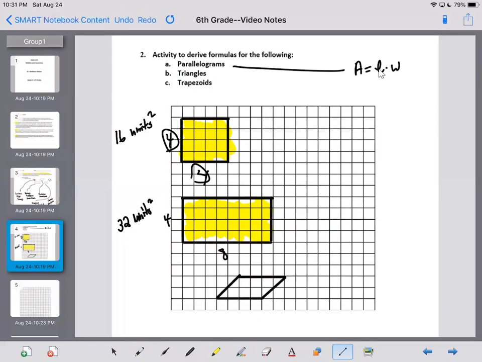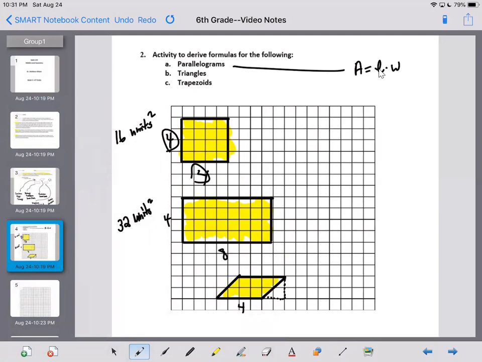In this shape, we are still looking for the area inside, and we can count the base here, but we're figuring, what's the height on this? If we have this shape, there's a couple things that we could do. We could look at dropping this down here.